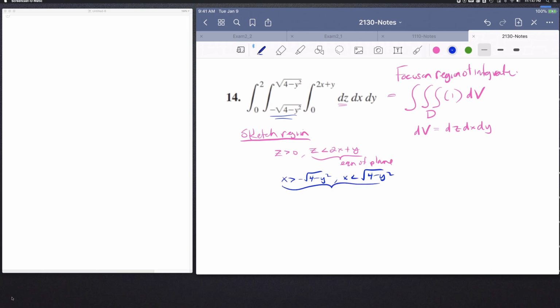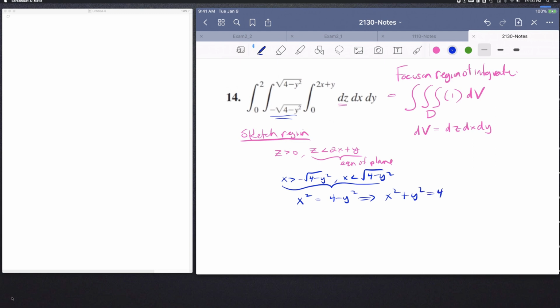And we'll come to recognize these square roots pretty quickly. We can see that if we square both sides of these equations, you'll get x squared equals 4 minus y squared, and that leads to x squared plus y squared equals 4.